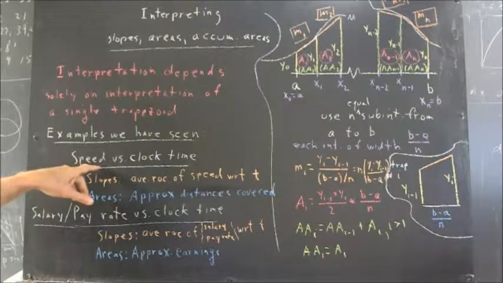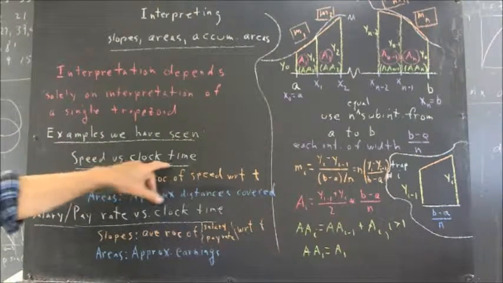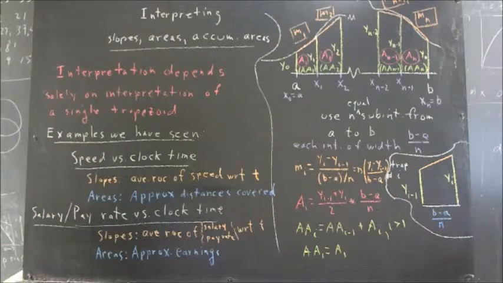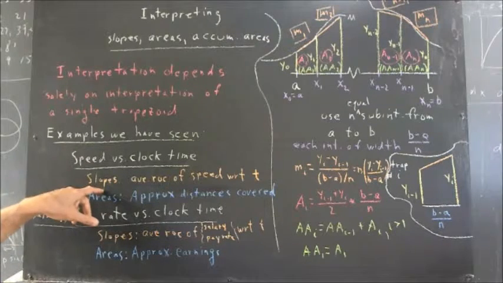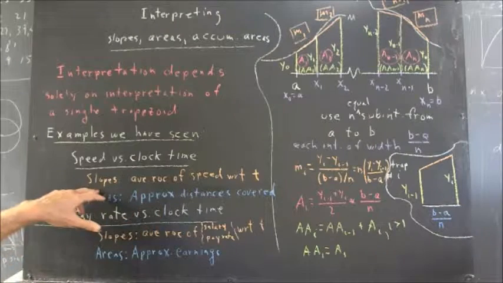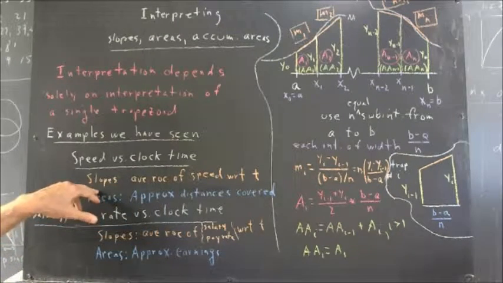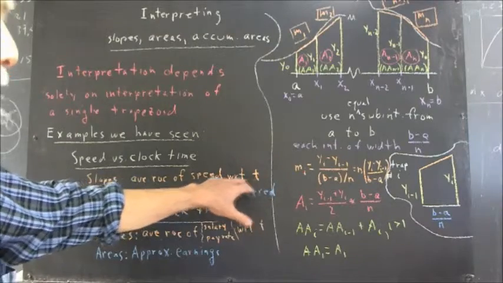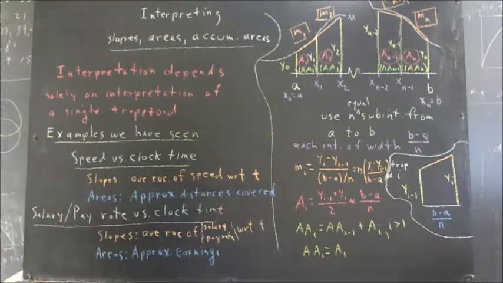If your trapezoids represent speed versus clock time, then of course every trapezoid is going to represent speed versus clock time. The slope of any individual trapezoid represents an average rate of change of speed with respect to t, I used t for clock time, I didn't have room to write it all out.